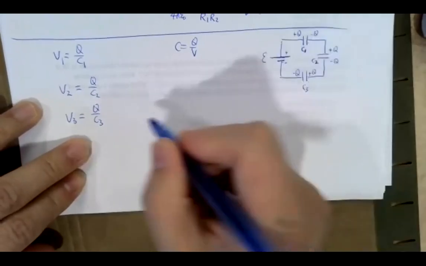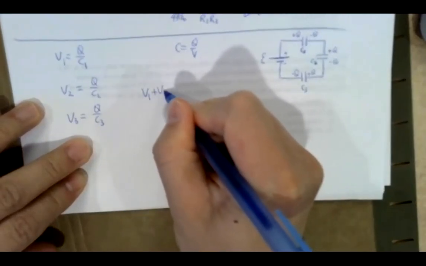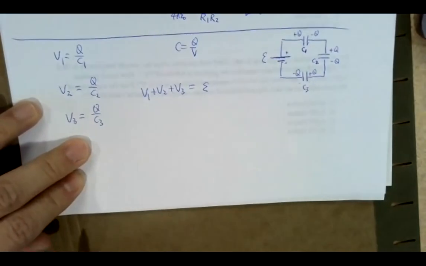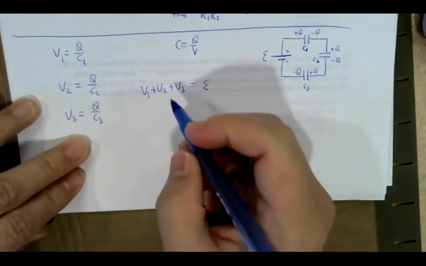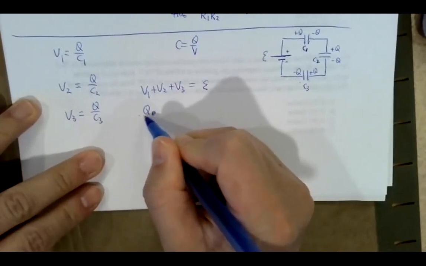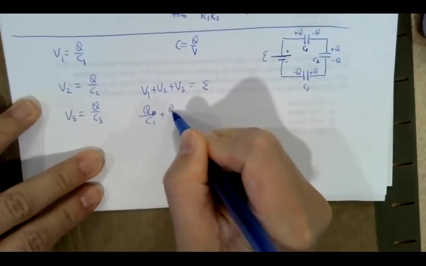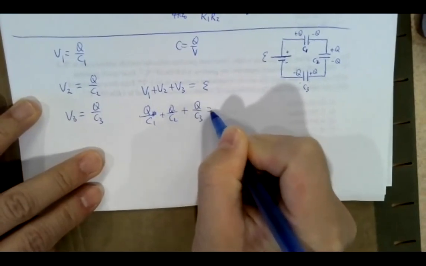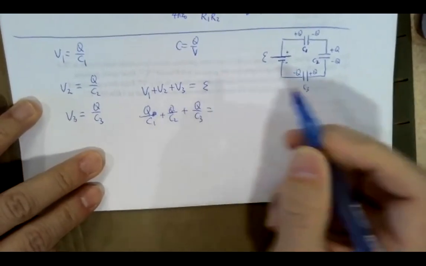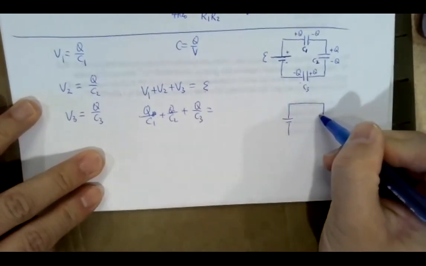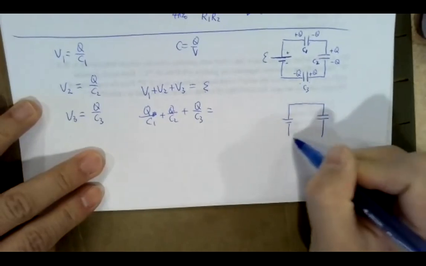So V1 plus V2 plus V3 should be equal to epsilon. So you can write Q over C1 plus Q over C2 plus Q over C3 equals epsilon.